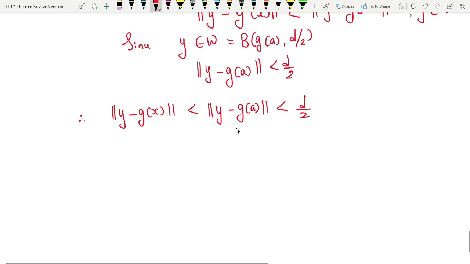This is something that we found, that both these norms should be less than d/2.